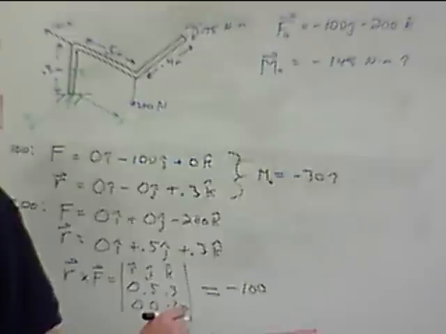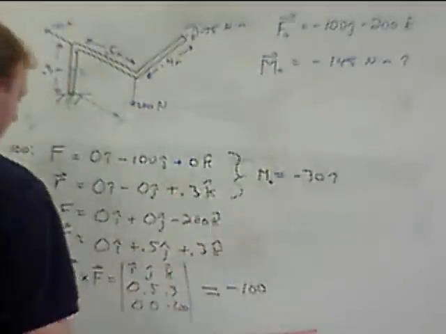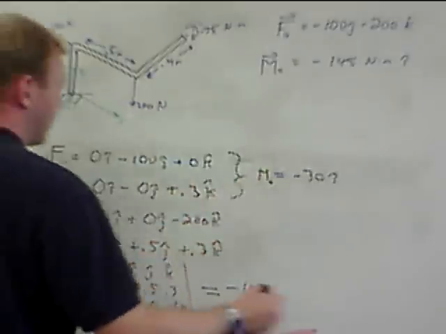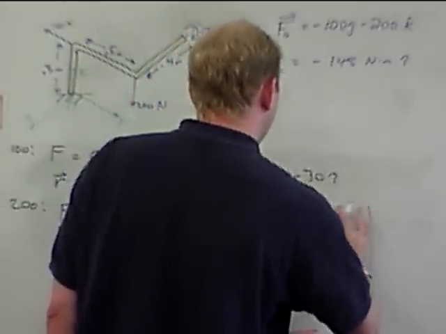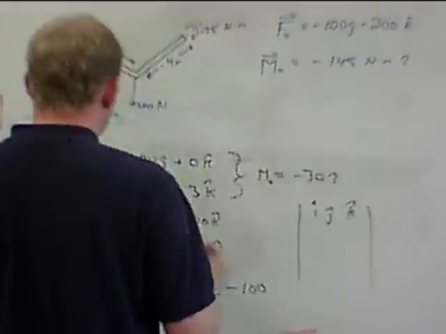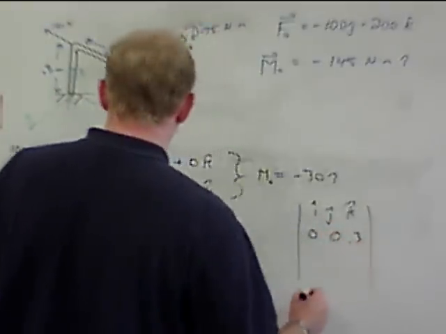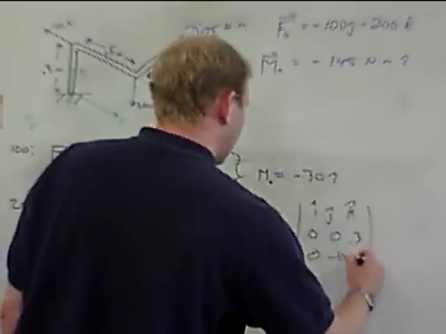That is negative 100, but something is goofed here. Yeah, sorry. Okay. Backing up a second. Taking a look at this determinant, I did this one wrong. My apologies. I, J, K, 0, 0, 0.3, 0, negative 100, 0.